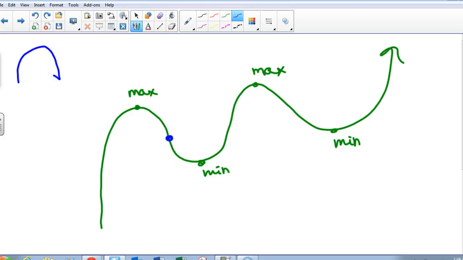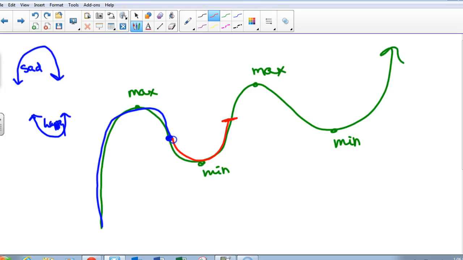This direction, what I like to call the sad face, to this direction, what I like to call the happy face. So the graph was sad, sad, sad, sad, sad, happy, happy, happy, happy, happy, somewhere in here changes back to sad, somewhere over here it changes back to happy.